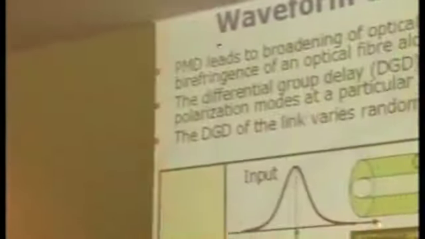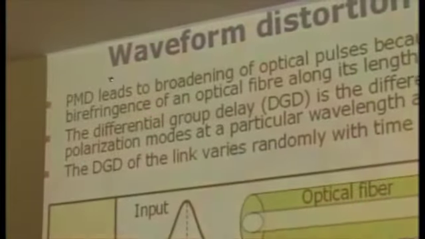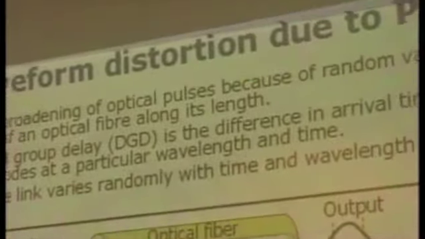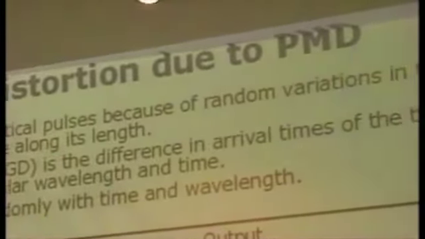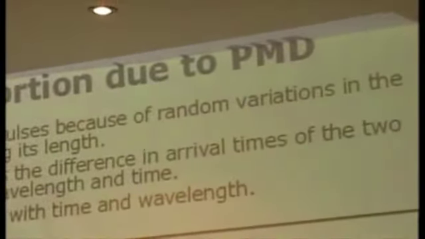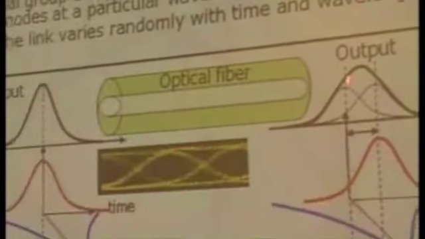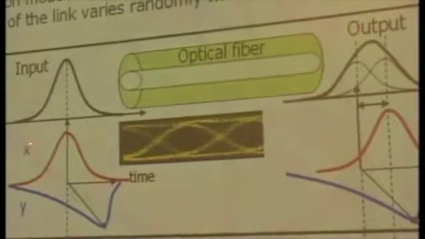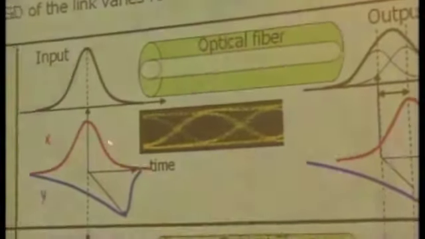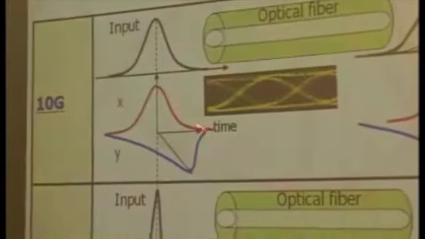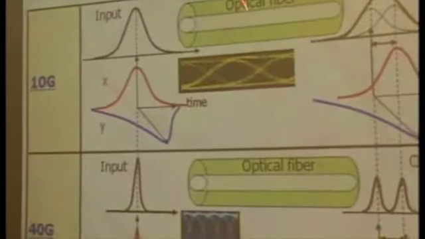PMD is caused by some asymmetry of the optical fiber in the core area. If the fiber has PMD, the input signal path will split into, roughly speaking, two polarization states in the fiber.